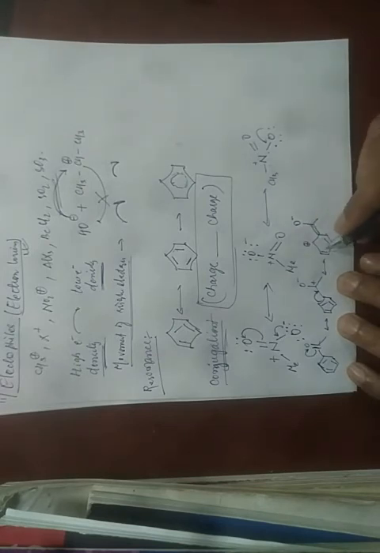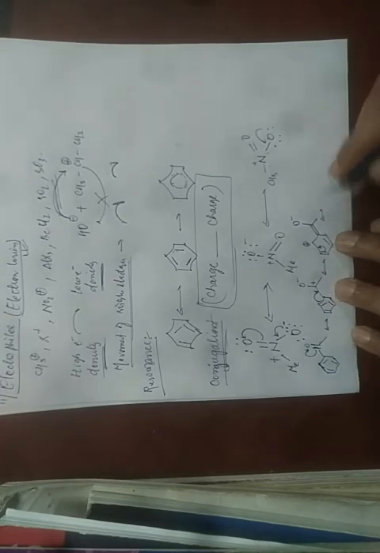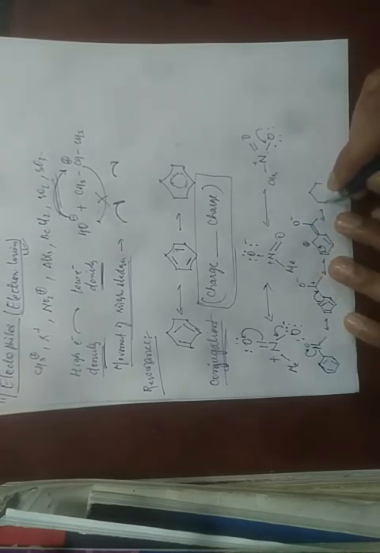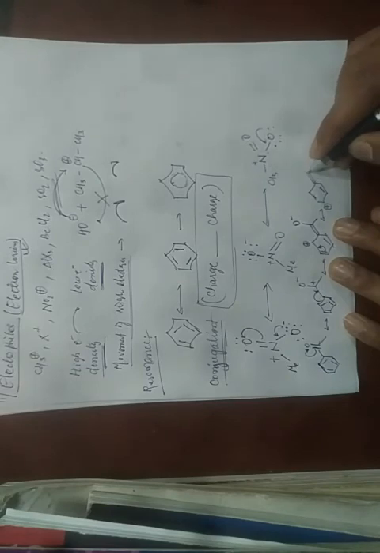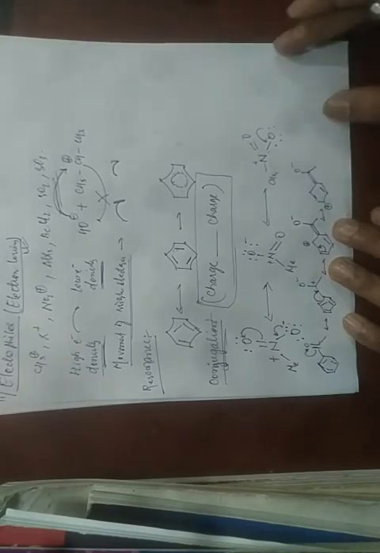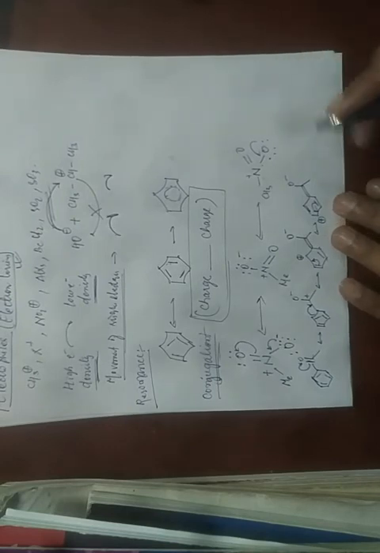Now again, this bond will jump here. So the next structure will be like this: here plus, this one is here, and this will again be a double bond here, oxygen, negative. After that, again this double bond will jump here, and in the next case we can write like this: here double bond, plus will shift here, and this one will be here.